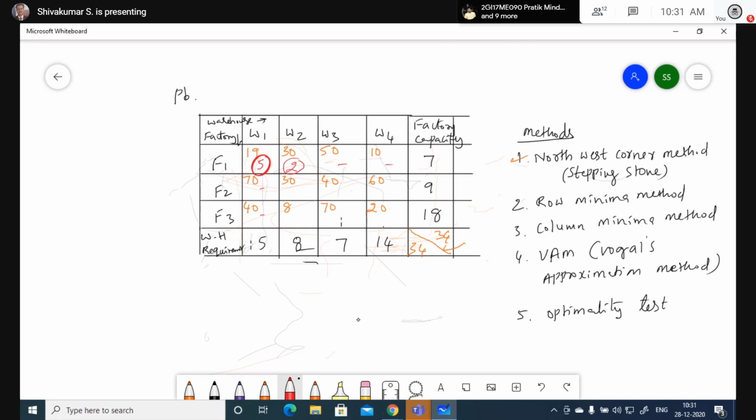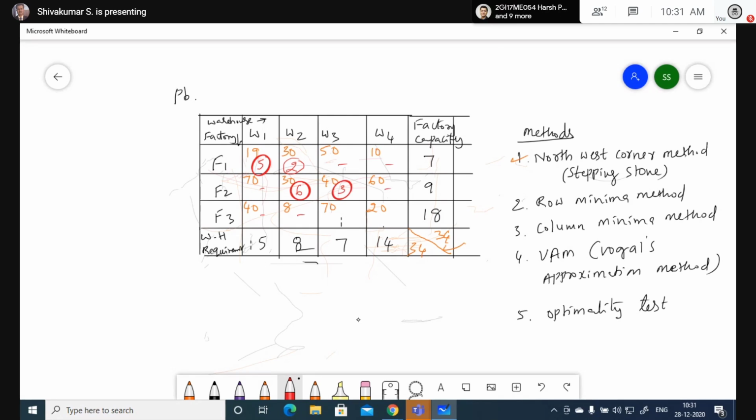But already 2 for W2 is over, so now we can allocate only 6. So 6 plus 2 is 8, and W2 is over. Now go towards the right. I filled 6 already for F2, but the capacity is 9. The requirement is 7, so you can allocate 3 here. 6 plus 3 is 9.